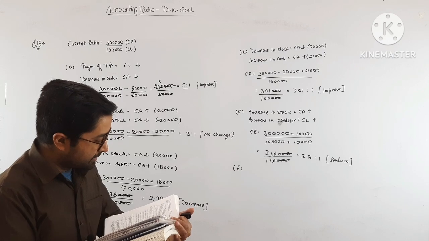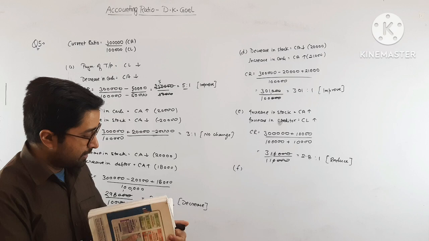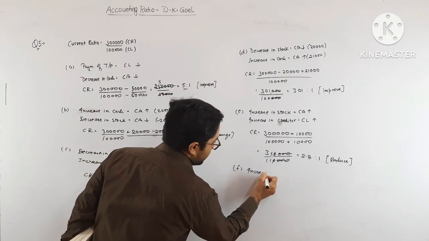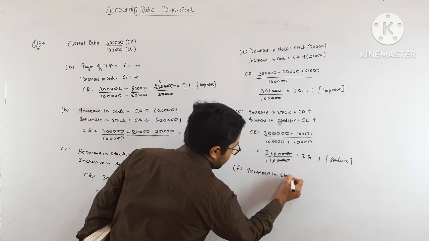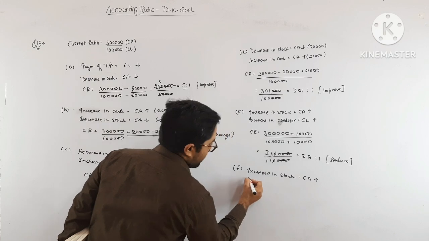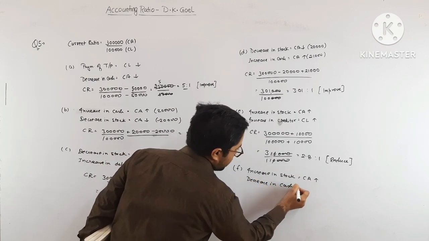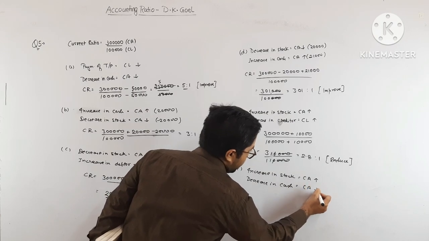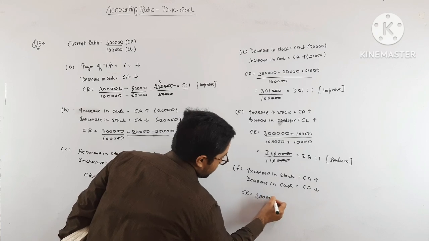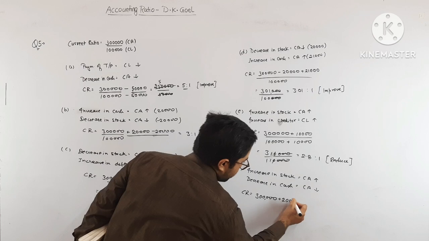Now the point F. Purchase of goods for cash. If you purchase, again increase in stock, current asset will increase. What will happen next? Decrease in cash, current asset will decrease. Suppose 3 lakh rupees. The purchased goods are of the amount of 20,000.